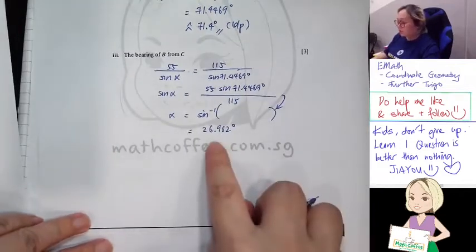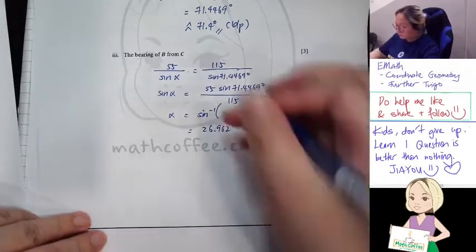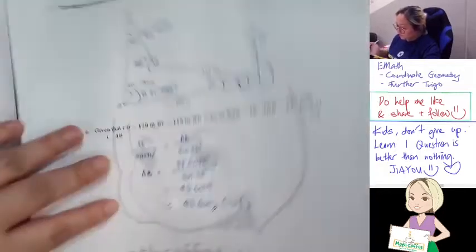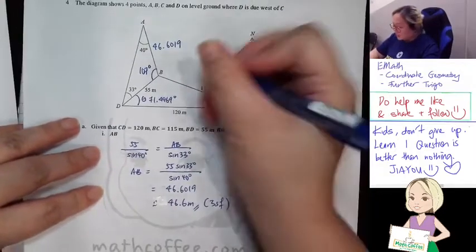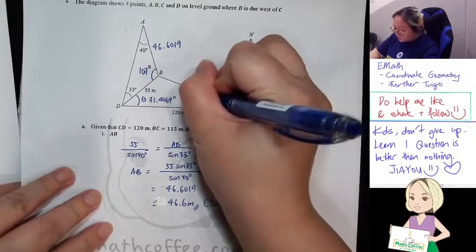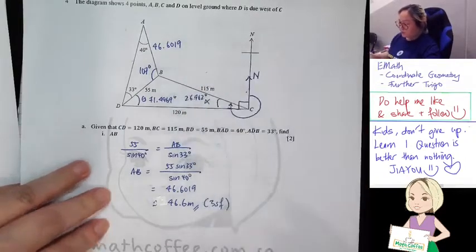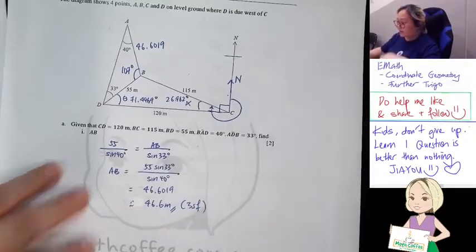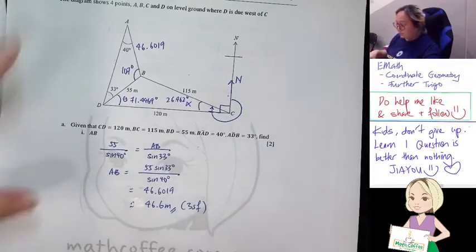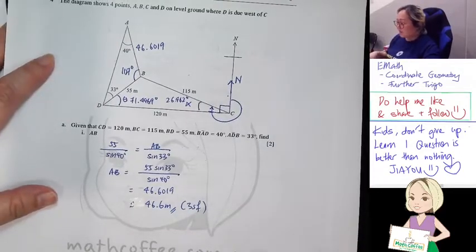But take note, 26.962 is this mini angle here. But I want this bearing over here. Do you agree? Okay. Yes, well done.